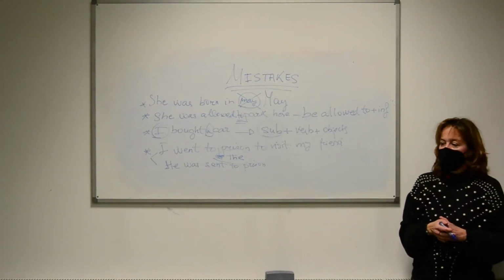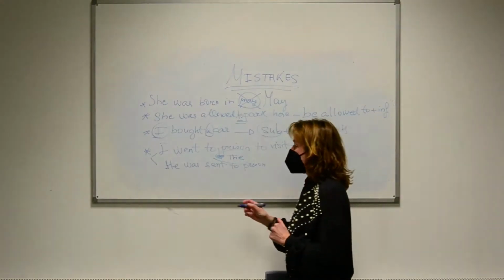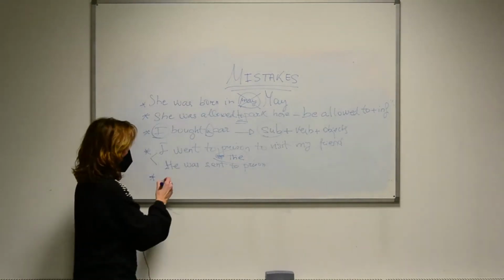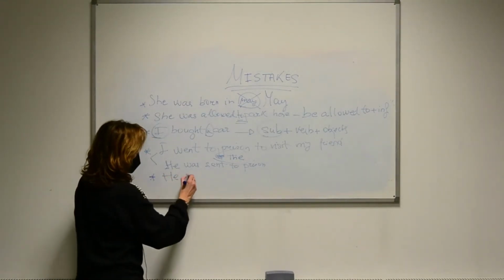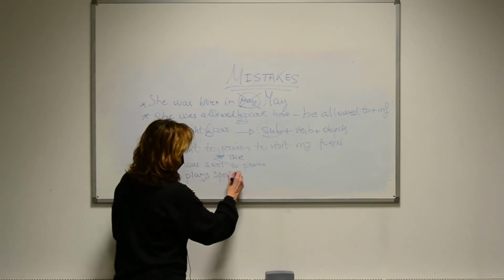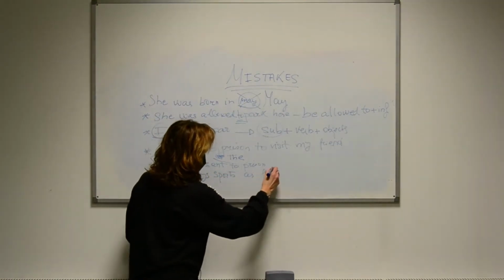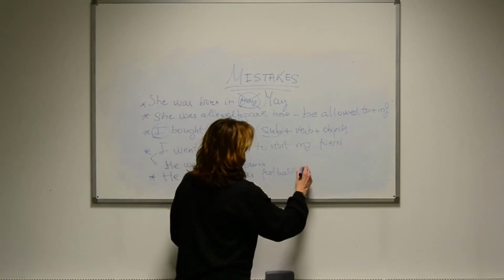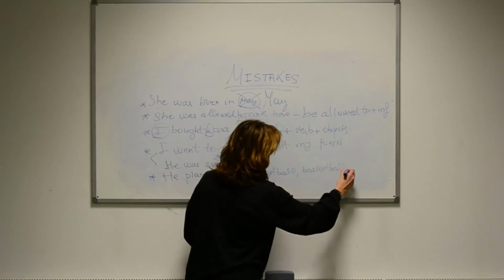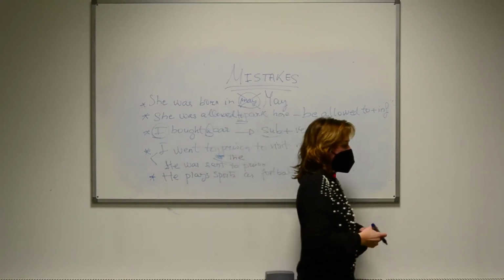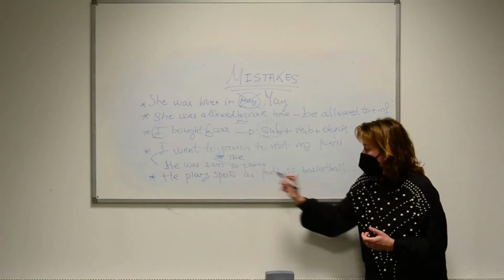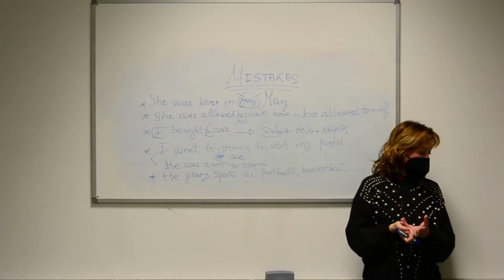another one should be, for example, the use of as or like. If we say, he plays sports as football, basketball, whatever. Well, do you think this sentence is correct with as or incorrect?